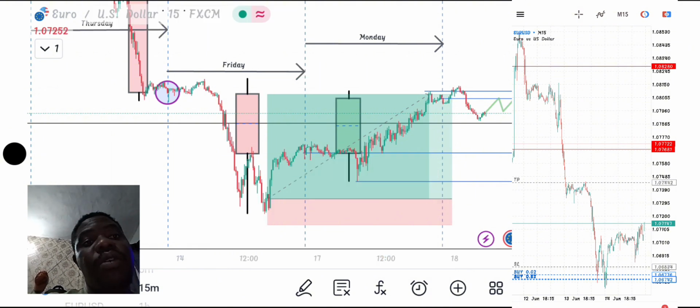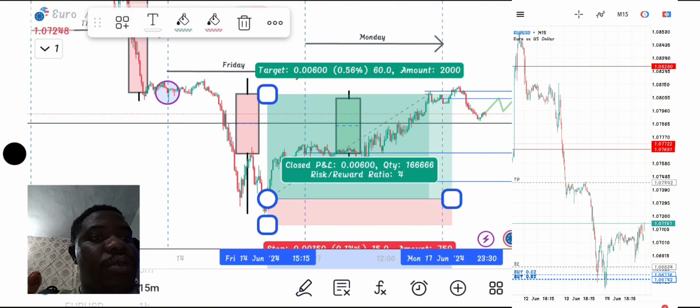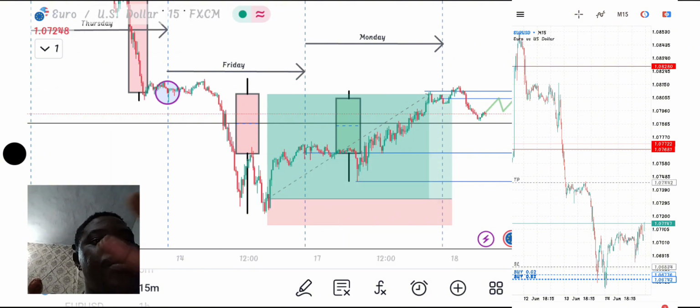We are not where we want to be yet, but we just need to keep following the rules, because we are not far from where we are going to be. We are just very close, guys. So this is the trade I'm currently still holding.